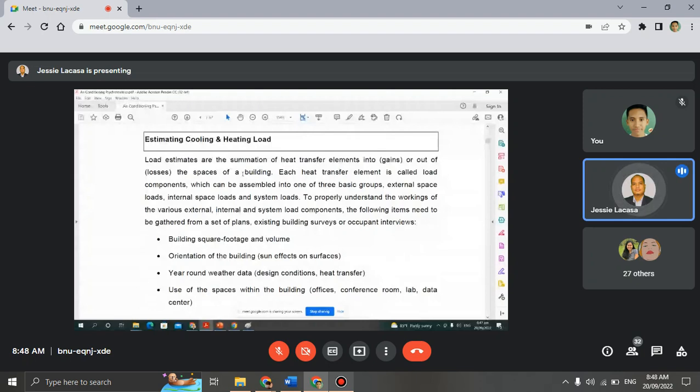Okay, then also the internal space load, so the lighting inside, equipment inside, and the system load test. As I have mentioned, the motor that you are going to use to supply the cooling, the motor you run for the fan or the ducting system.